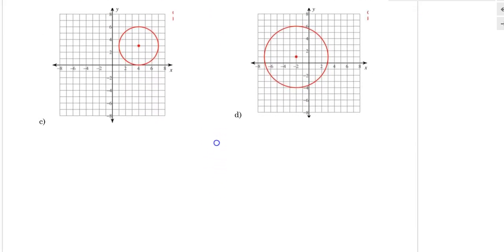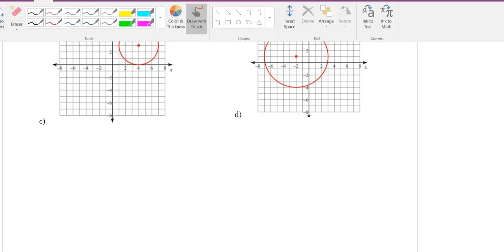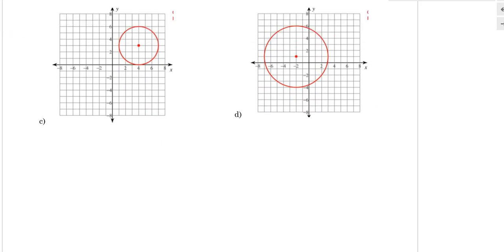All right, looking at our next example, C. Where is our center at? Our center is here. All right, so center is at over 4, up 3. There's lots of 3's in these problems. Then our radius, 1, 2, 3 is 3 squared, which equals 9.